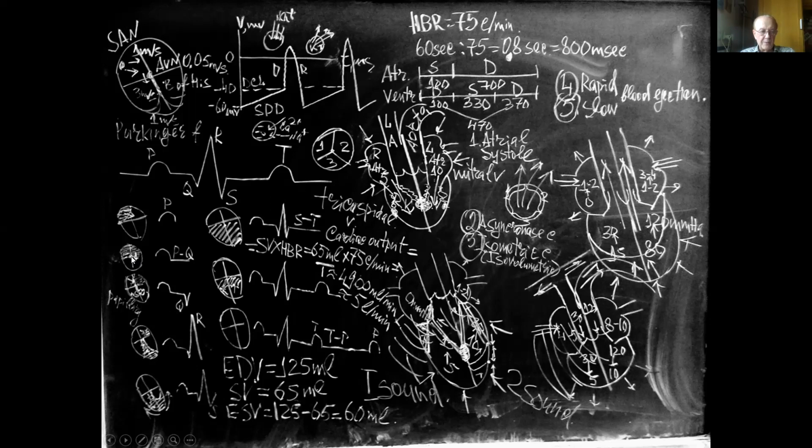The amount of the local current isn't enough to produce a strong electromagnetic field, and that's why we register the PQ segment. This is the time of the atrioventricular delay. We can calculate the time of the atrioventricular delay in each patient.